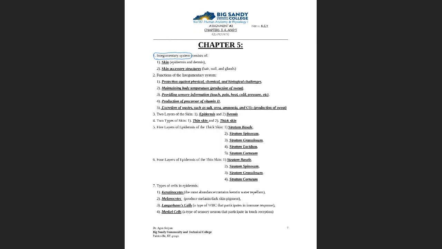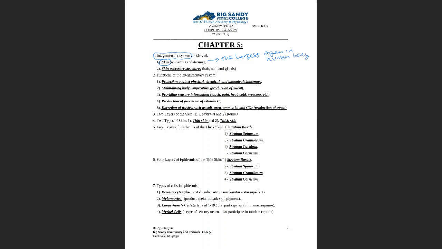The organ is called skin. Remember, a system consists of organs. There is only one organ for this integumentary system, the skin, which is the biggest and largest organ of the body, in the human body.